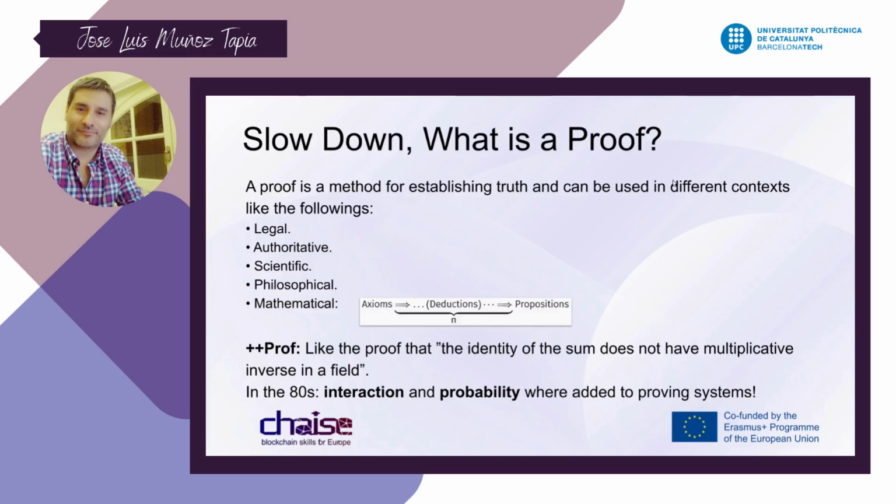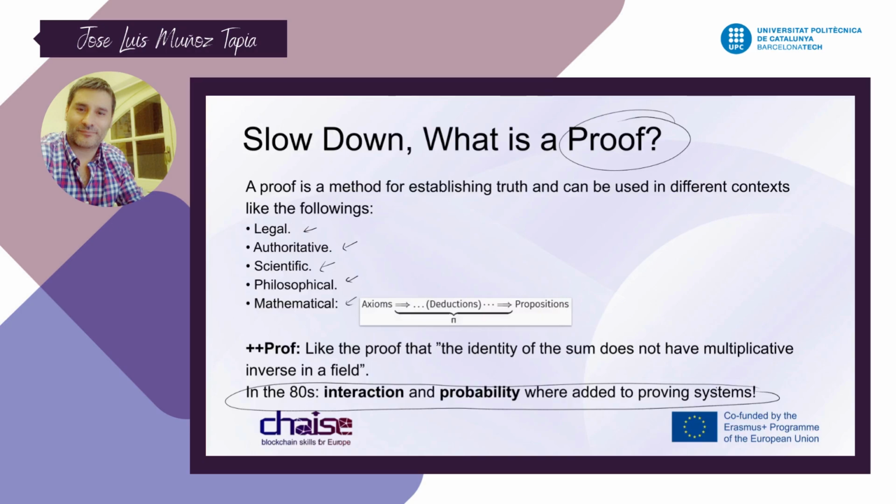So essentially, when we talk about proofs, in general, there are many different types of proofs. There are legal proofs, from authorities, scientific proofs, philosophical, mathematical. But in this case, we are talking about this new area.